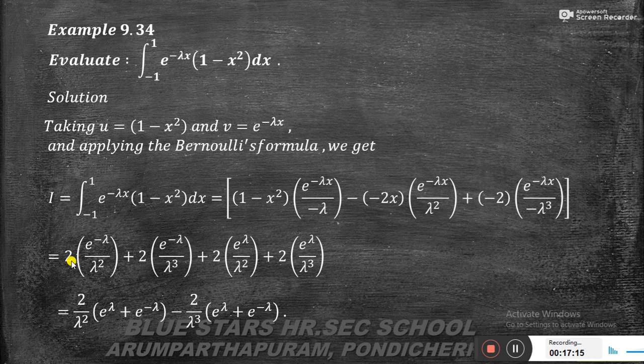That means the first term 2 e power minus lambda by lambda square plus 2 times of e power minus lambda by lambda cube plus 2 into e power lambda by lambda square, here minus will come, minus 2 into e power lambda by lambda cube.